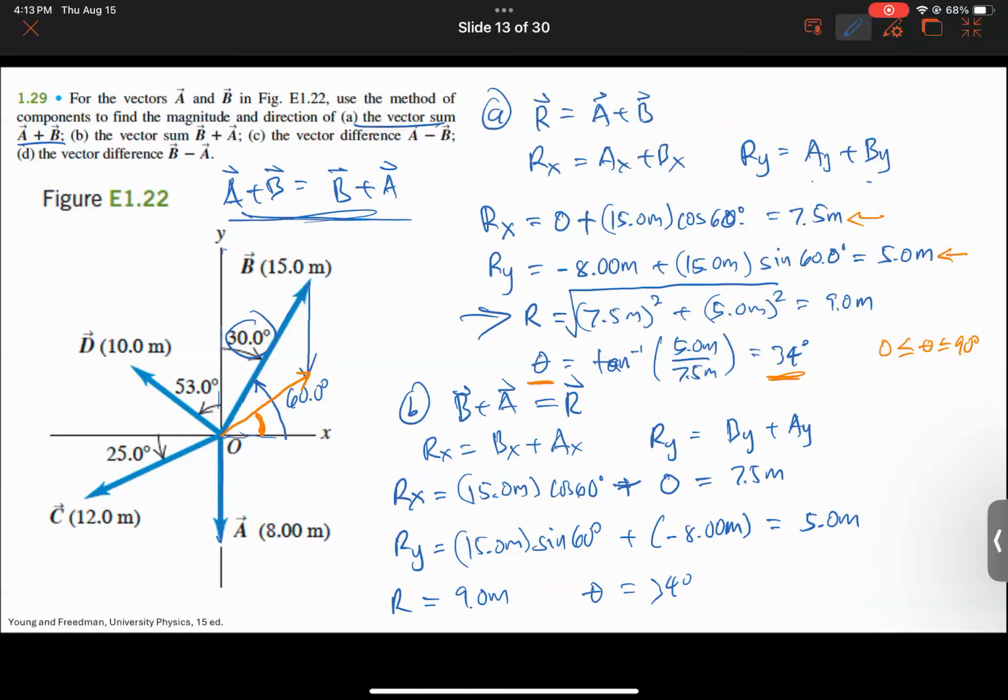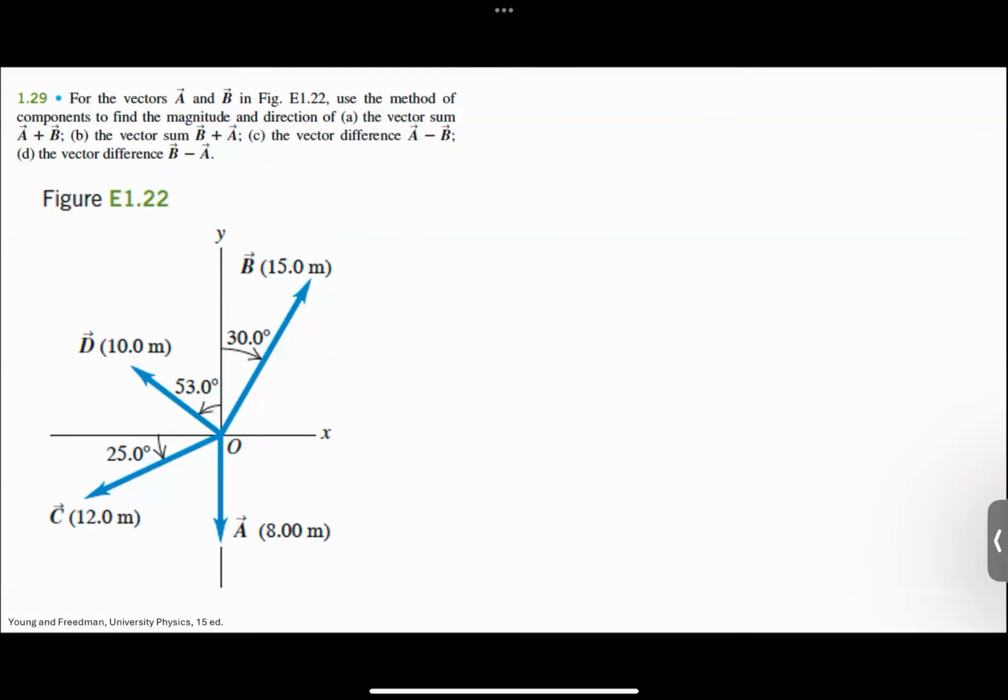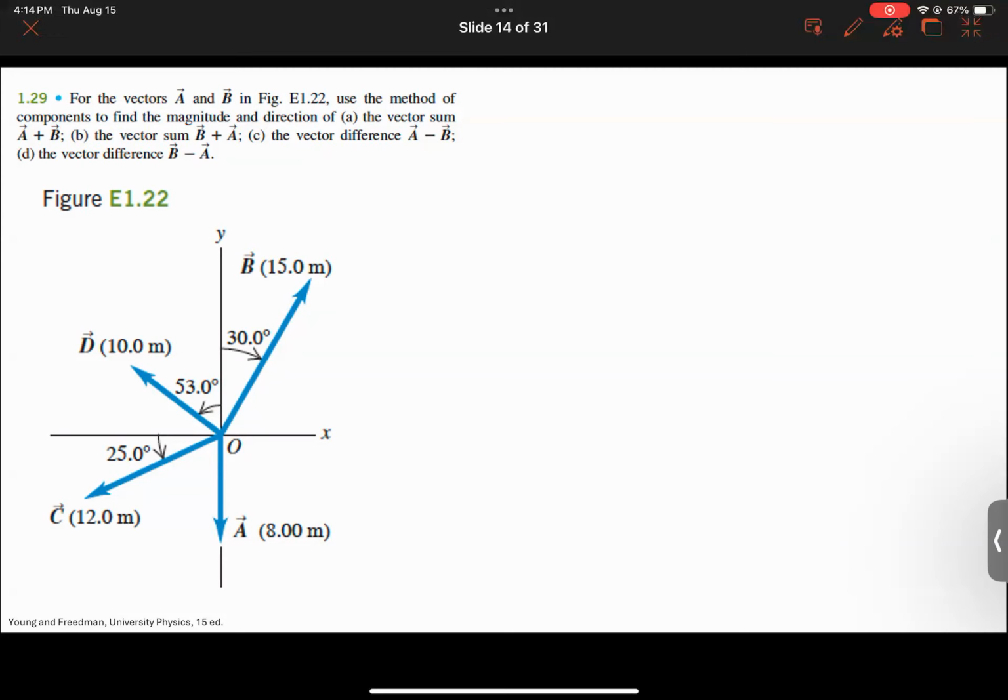So let's continue. Ang gagawin natin next ay yung vector difference na A minus B tsaka B minus A. So yung vector difference naman na gagawin natin ay ganito.